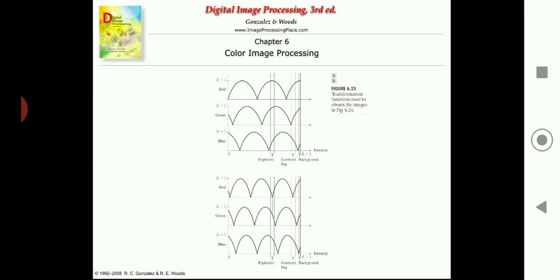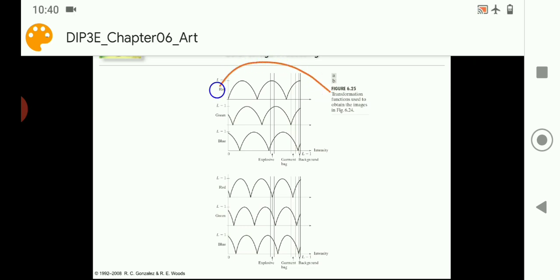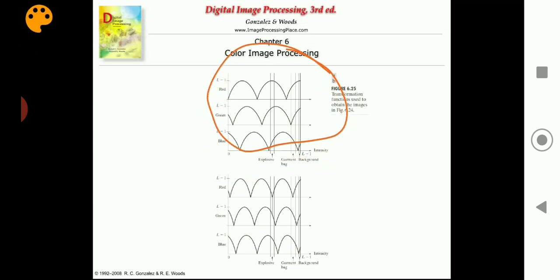For example, if all three transformations have the same phase and same frequency, then the output will be a monochrome image.